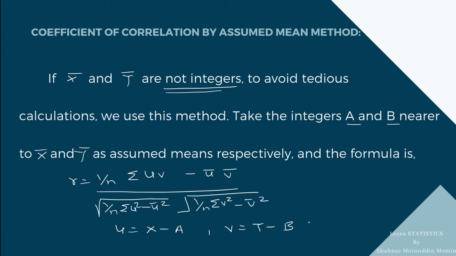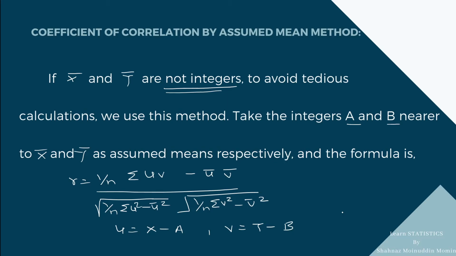Means here we are changing the origin of x and y, and we know that there is no effect of change of origin on our correlation coefficient. So if x bar and y bar are not integers, then we use the second method, the assumed mean method.